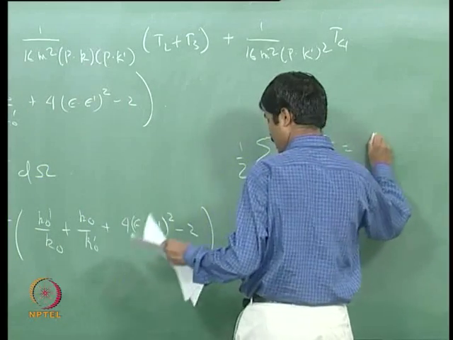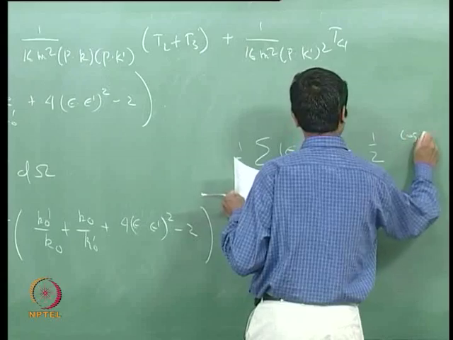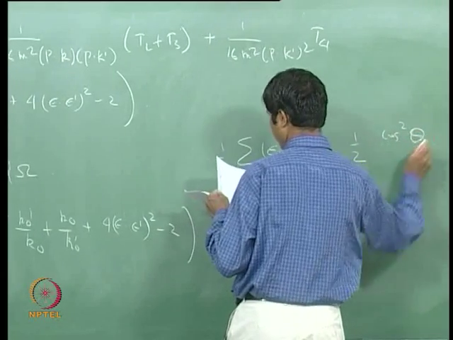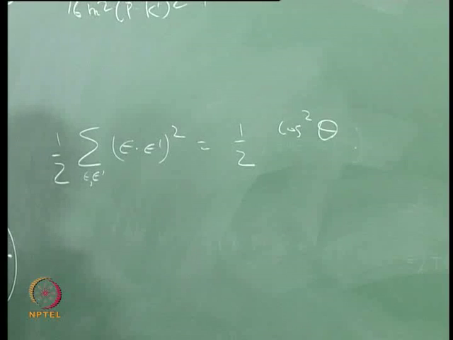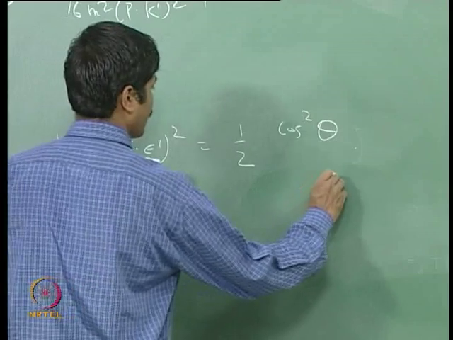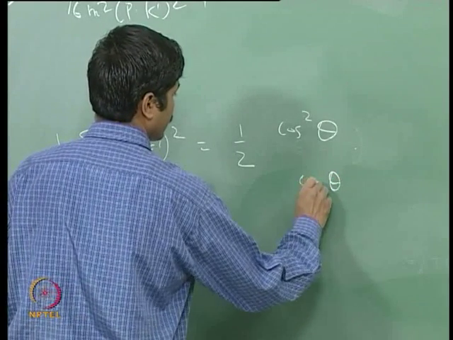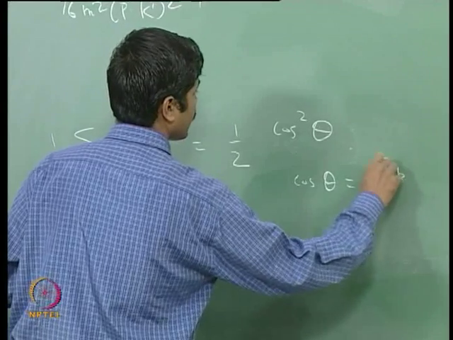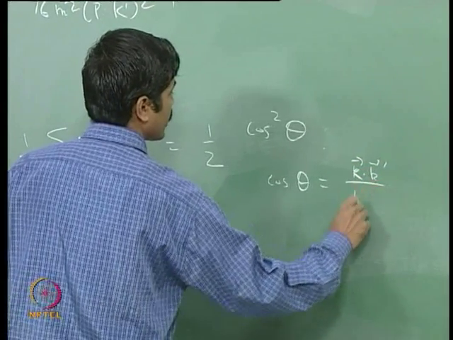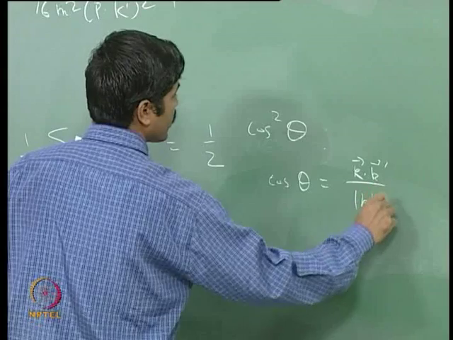This is half cos square theta, where cos theta is k dot k prime divided by mod k mod k prime.